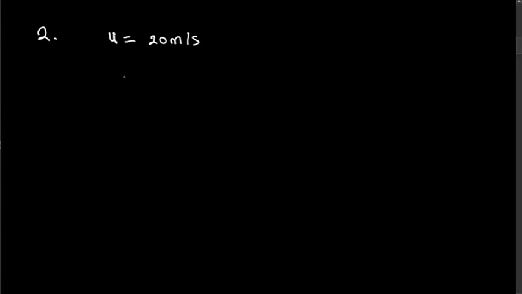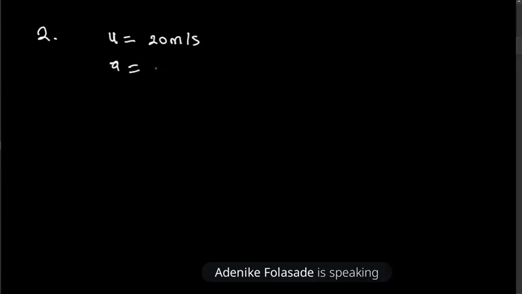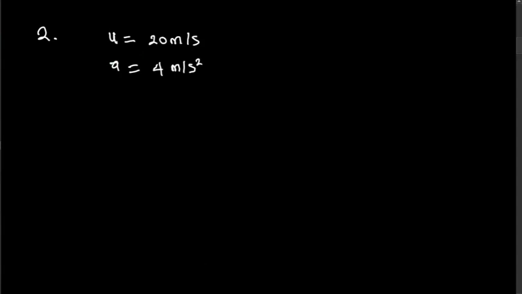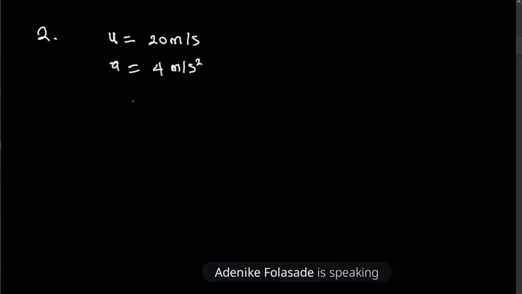Remember, deceleration is negative acceleration. So our acceleration is what? Minus 4 meters per second square. Okay, you can put minus there if you want, but don't worry about signs, please.